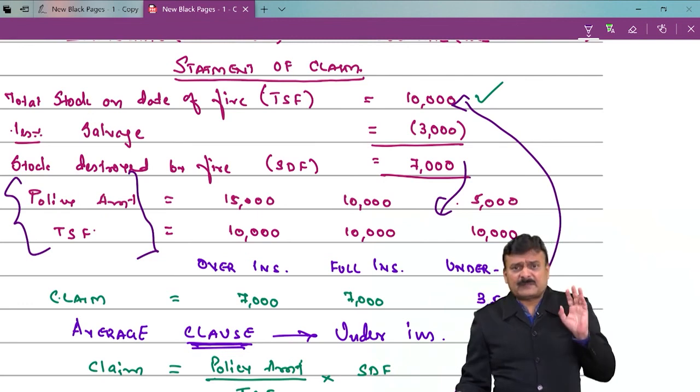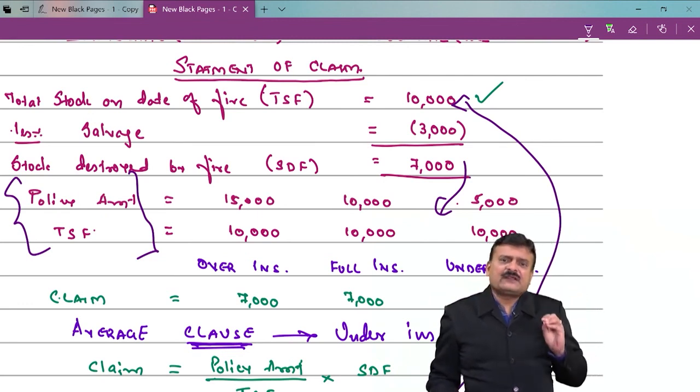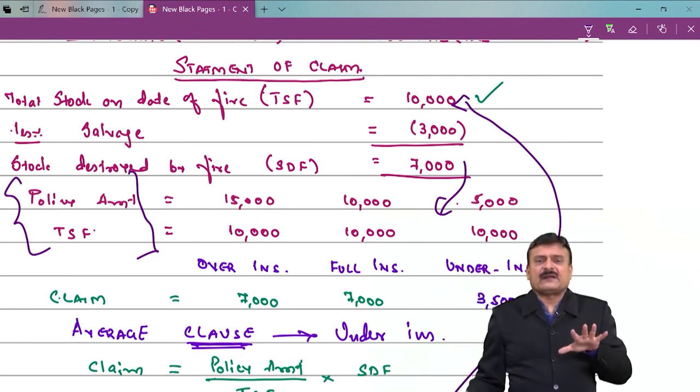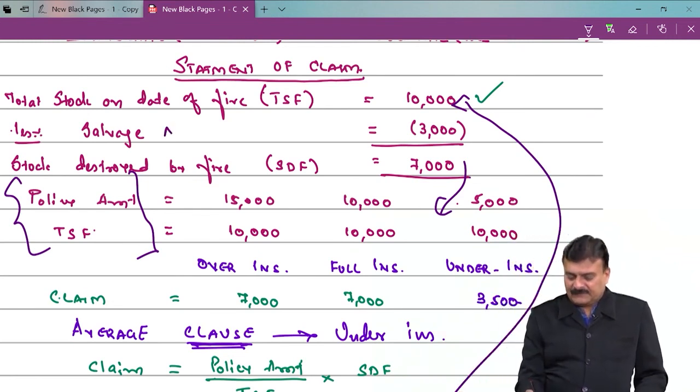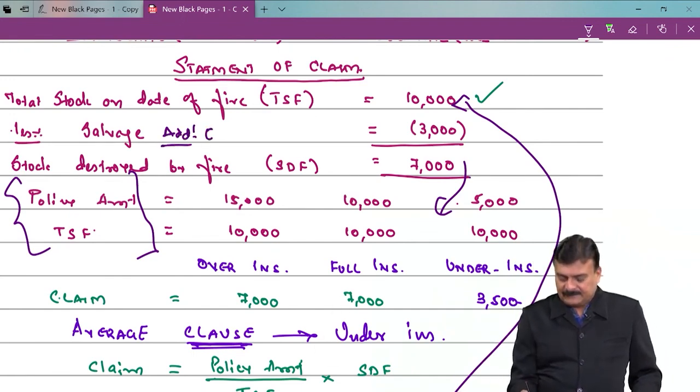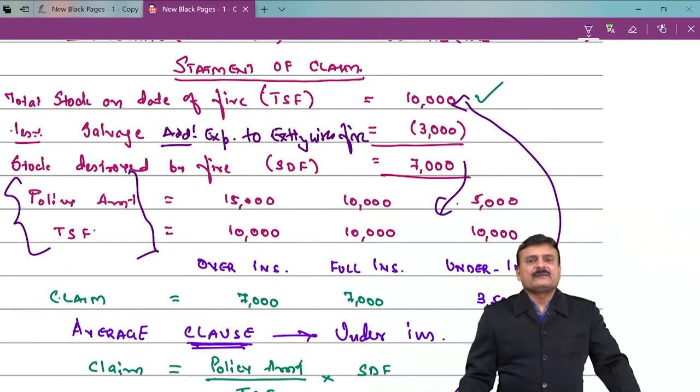And there should be logical expense. So any expense incurred to extinguish the fire will be added in statement of claim. So in statement of claim, less salvage, and I will add expenses to extinguish fire. That we have to add.